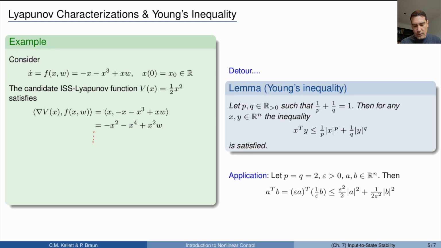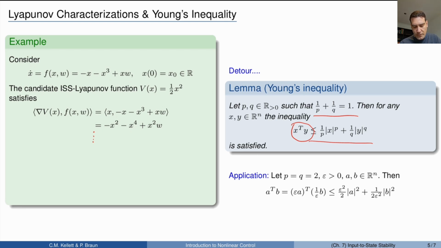Young's inequality allows us to split the multiplication between two vectors in this case. So if I have x and y and I'm looking at the product, then I know that this inequality here is satisfied, where p and q satisfy this additional condition here.